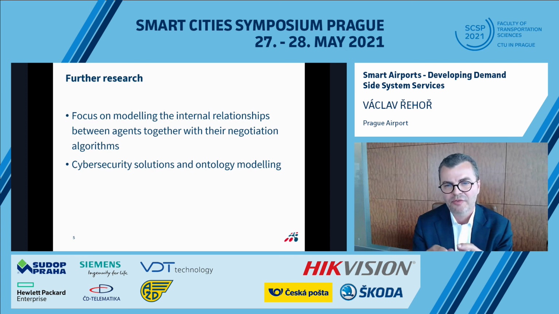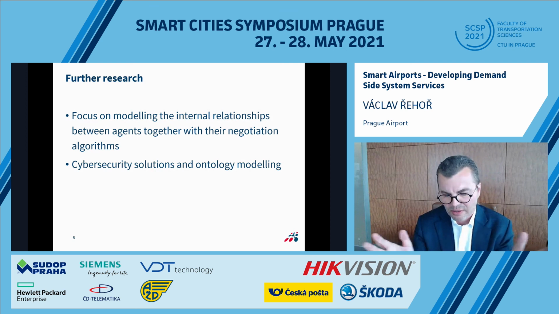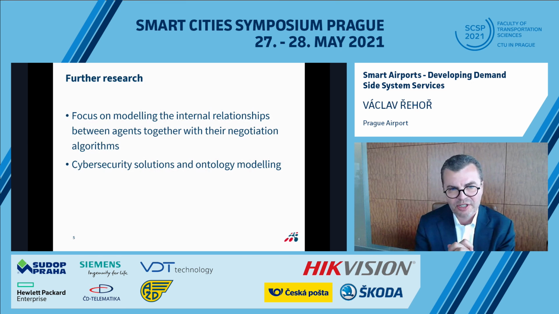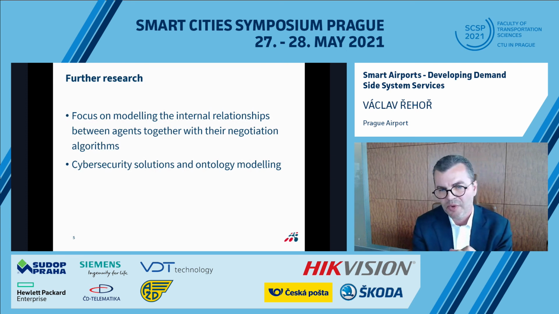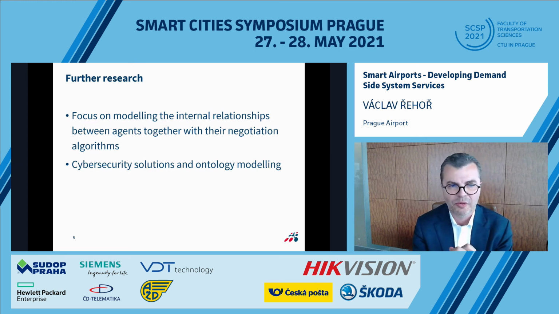So we have to find a way for them to communicate, because they are developing at their own pace, which means they might be a little slower or a little faster than the airport. So at the end, what I want to mention is that this research, done by Prague Airport and the Czech Technical University in Prague, is aiming to satisfy our customers more, to lower the cost and to increase the revenue, which is a very useful outcome of our cooperation.